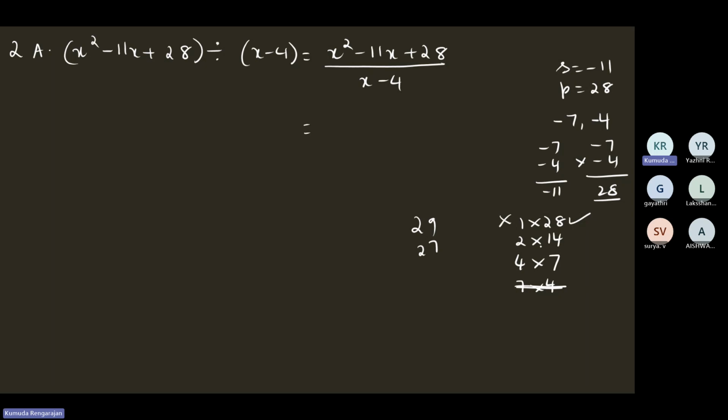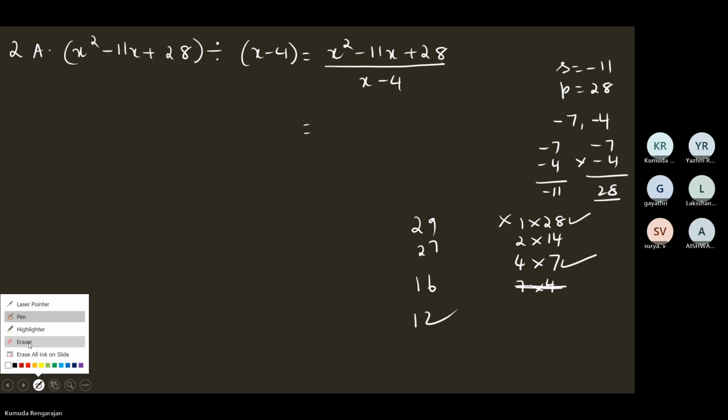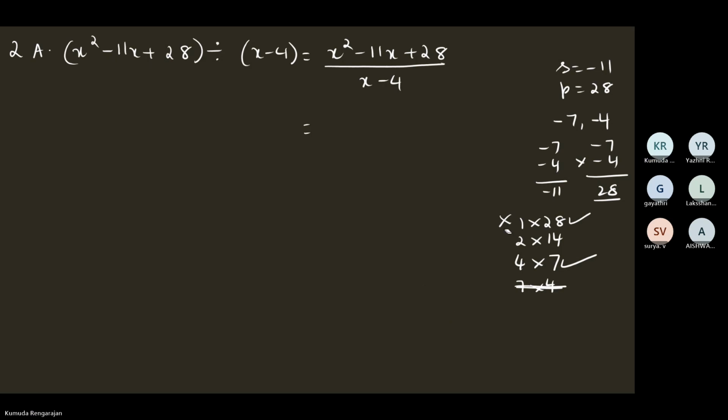If you take this pair 2 and 14, when you add, you get 16, when you subtract, you get 12. But the sum is 11. Then when you try this pair, when you add, you get 11. Subtract, you get 3. So 7 and 4 can give you 11. So use the signs accordingly.